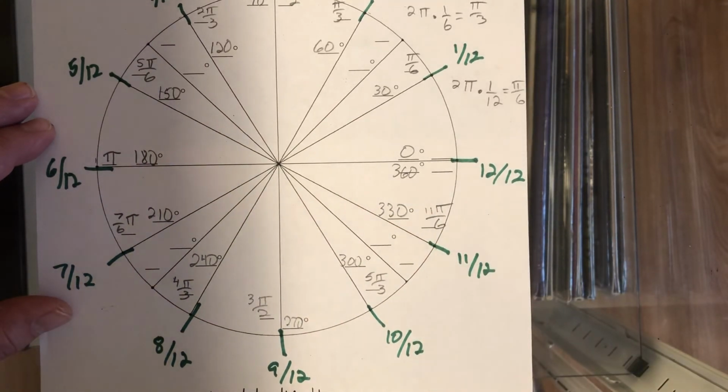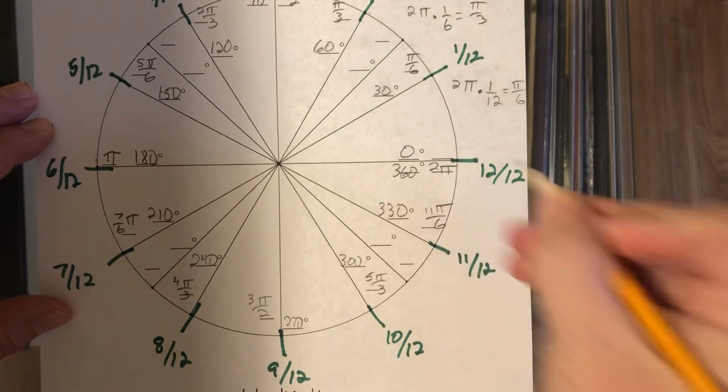And then finally, 12/12 or 360 degrees is going to be 2 pi radians.